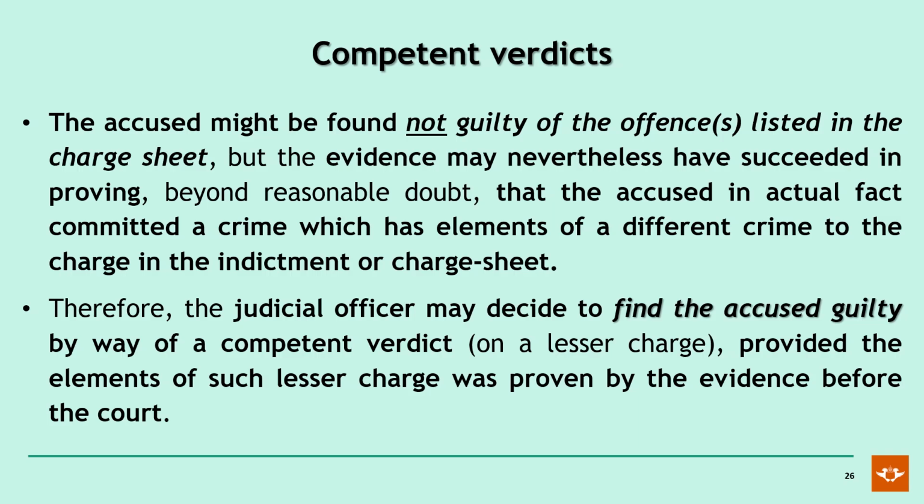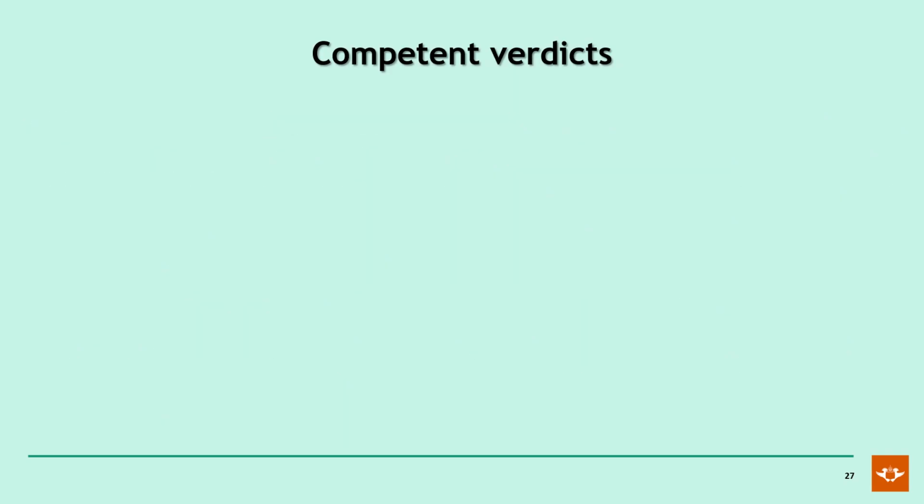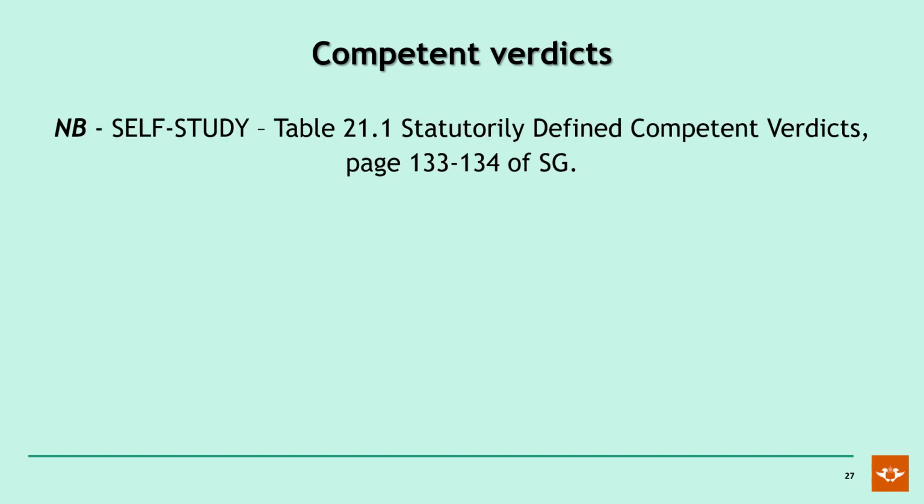So the prosecution is unsuccessful in proving the guilt of the accused on the original charges, but is successful in proving the guilt of the accused on a different charge, a competent verdict, beyond a reasonable doubt. Competent verdicts are only possible if permitted by statutory provisions.